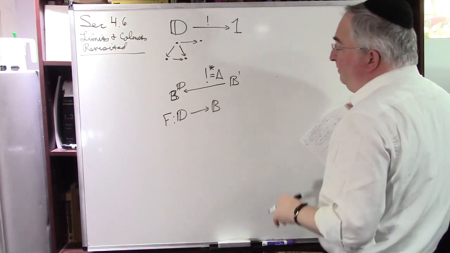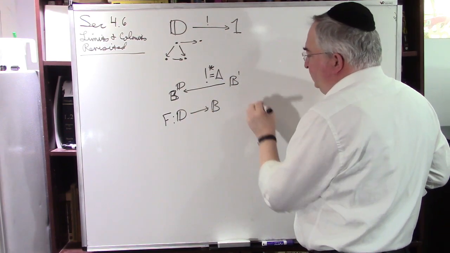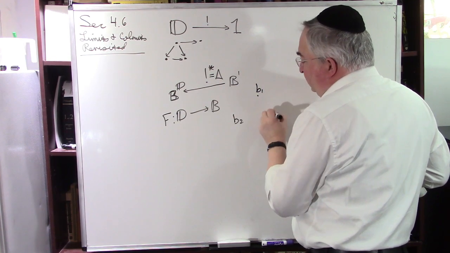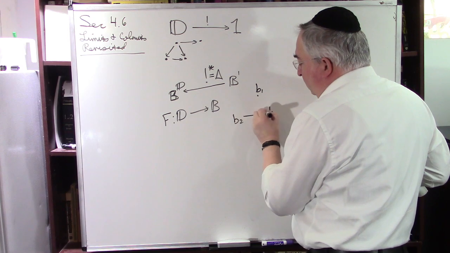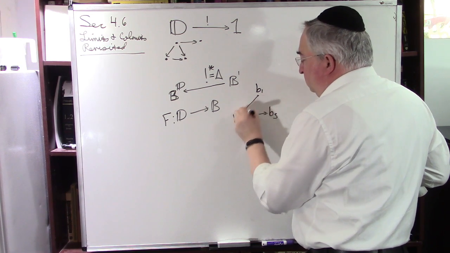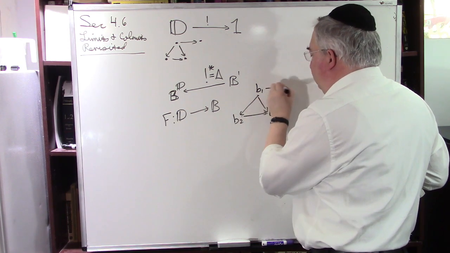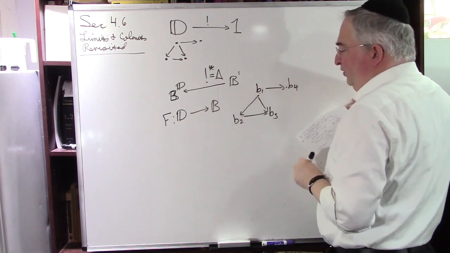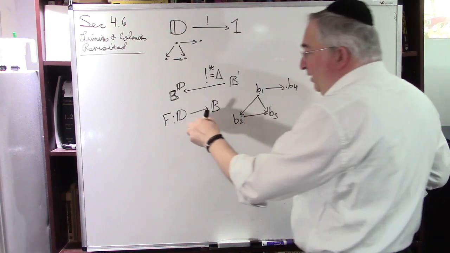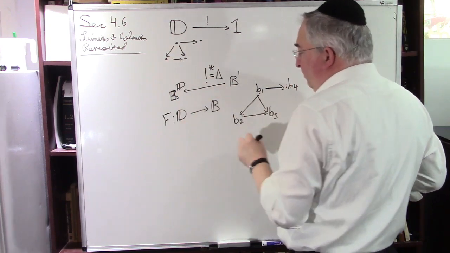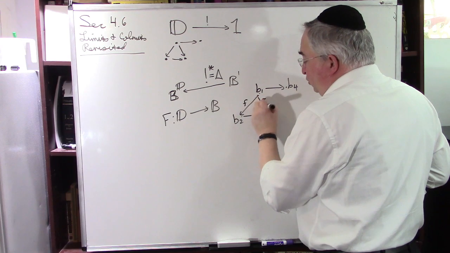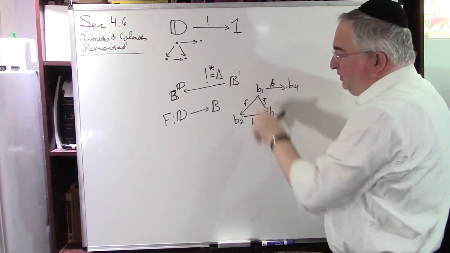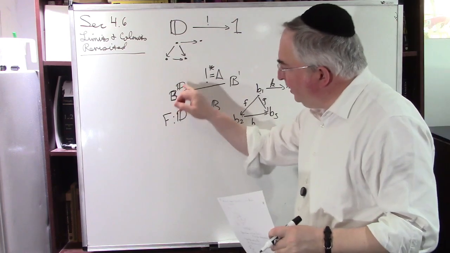So a typical element will look something like this: B1, B2, B3, and we'll call this B4, because we're not too creative with our names. Not only does it pick out objects, but it also picks out morphisms. So we might call these F, G, H, K, I don't know. These are morphisms in B. So that's a typical element here.